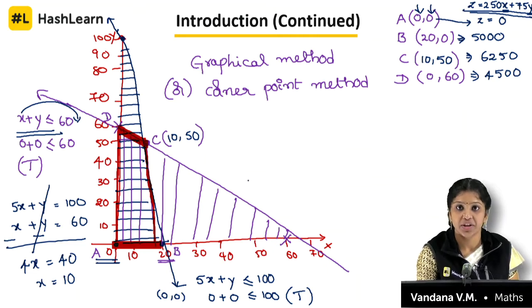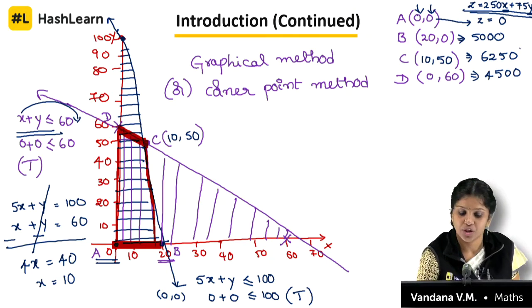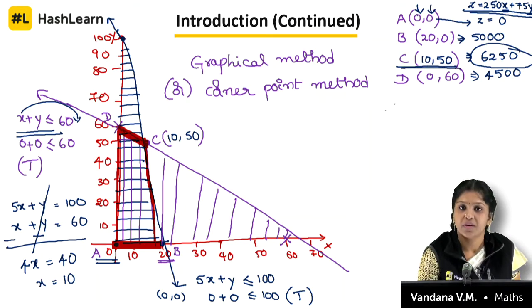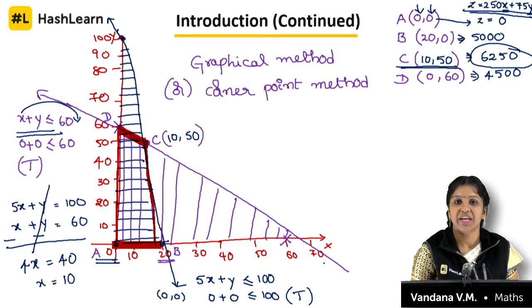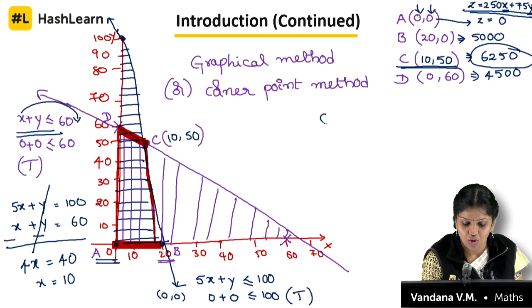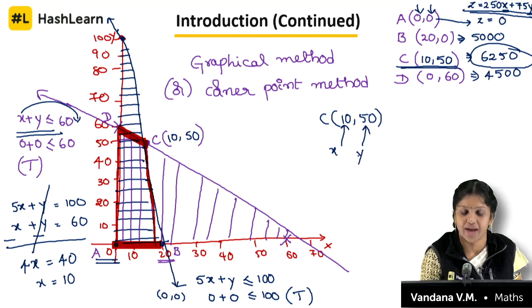Now what is your intention? Your intention is to find out the maximum value. So which is maximum out of it? 6250 is the maximum. Where are you getting that value? At point C. What is the meaning of it? The meaning of it is C of 10, 50, right? This shows your x value, this gives you your y value.